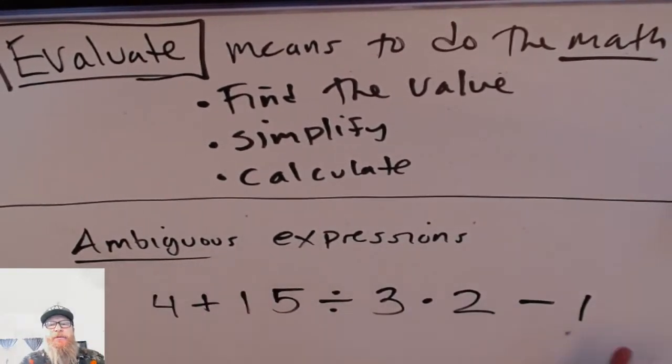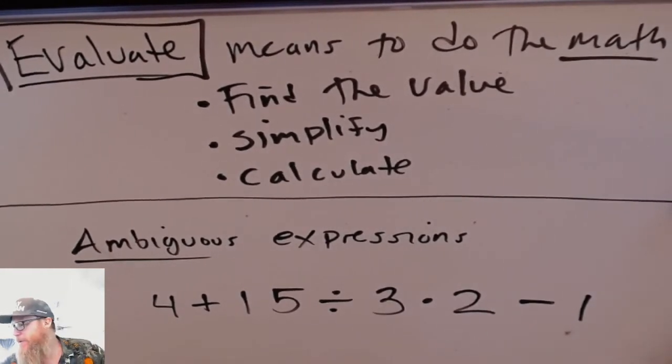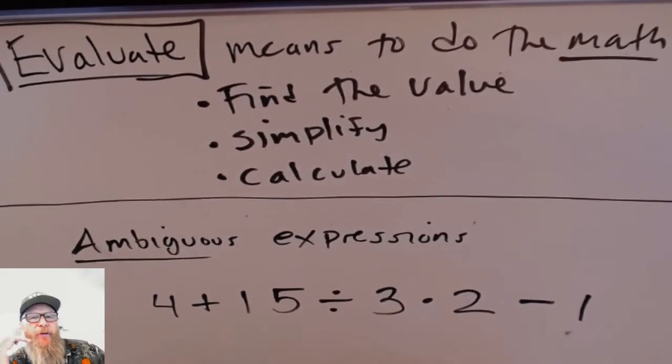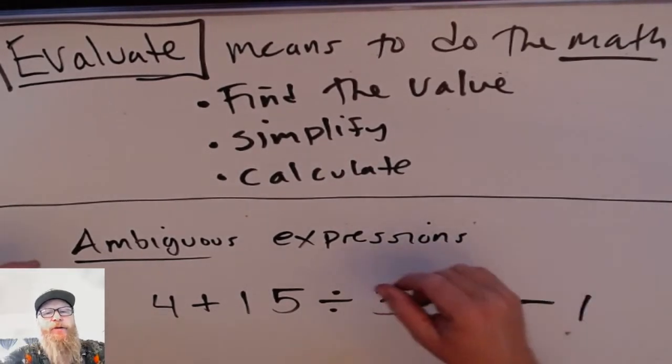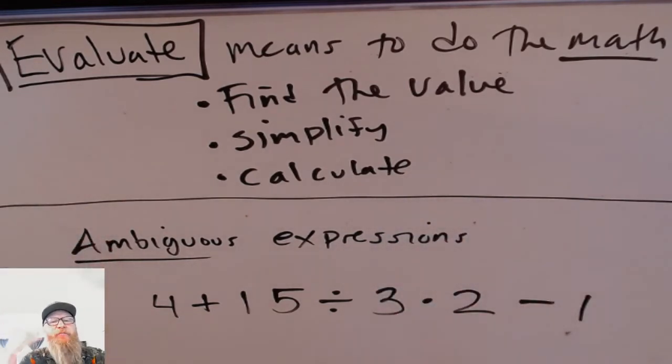So here's an example of an ambiguous expression. Okay? And let me explain what we mean by that before I actually do the math. If you were talking to somebody on the phone and you said, can you calculate this for me? Maybe you're driving or something like that. No, you're not driving because you're not supposed to be on the phone when you're driving. So you're hands free, talking to somebody. And you just tell them verbally over the phone, 4 plus 15.